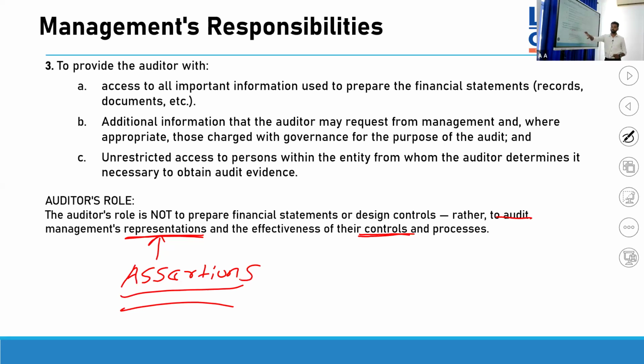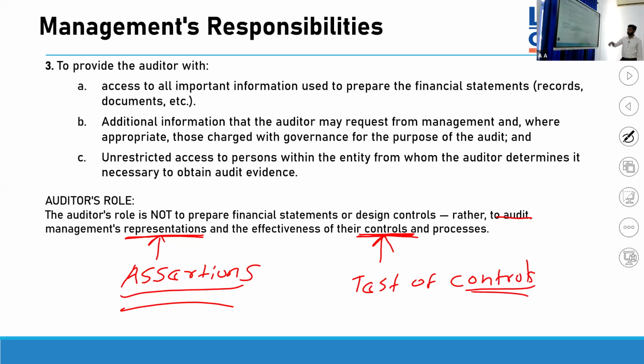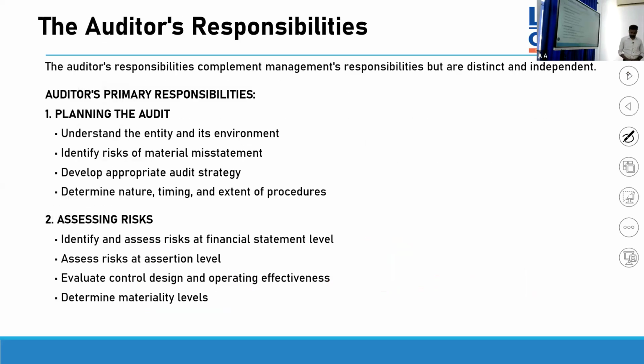So we must audit the management representation as well as the effectiveness of their controls through test of controls, right? This is one of the procedures we use in the audit: test of control, in order to test the effectiveness of the control, right? Okay.